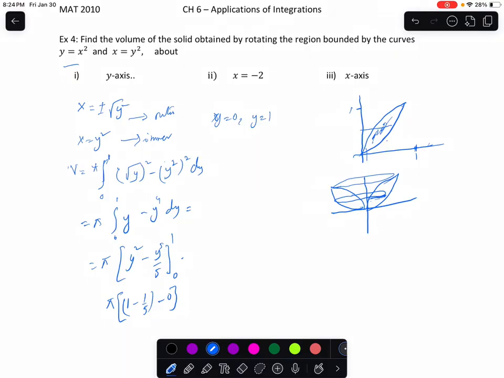So this gives me 4 over 5 pi. That is the volume in the first case.